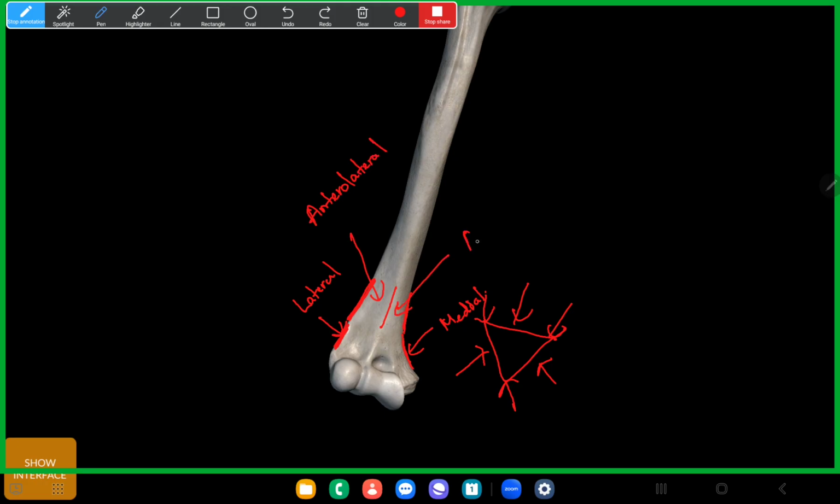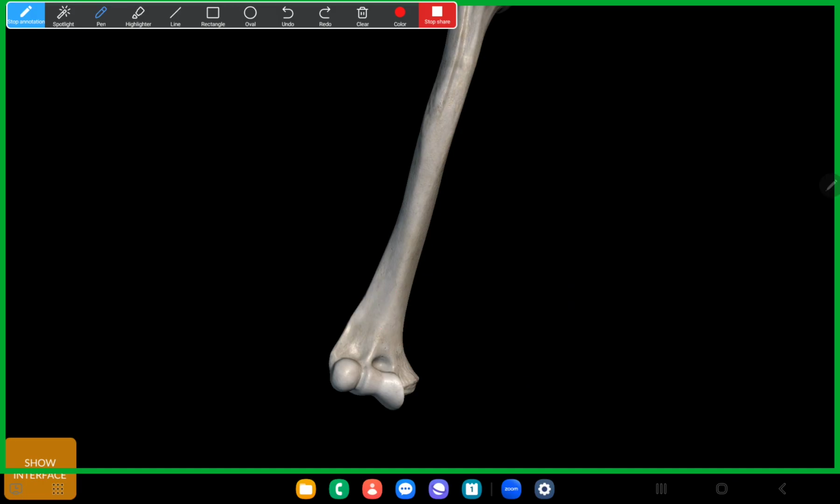This surface is the anteromedial surface. Then the posterior surface is here. Anterolateral surface, anteromedial surface and posterior surface. Those are the things you have to remember about the shaft of the humerus.